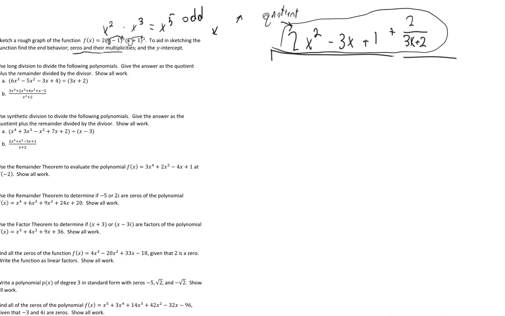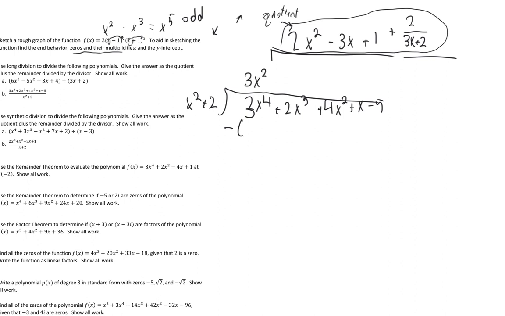So it's going to be 3x to the 4th plus 2x to the 3rd plus 4x squared plus x minus 5, divided by x squared plus 2. So the question is going to be, what do I multiply x squared by to get to 3x to the 4th? Well, that's going to be 3x squared.